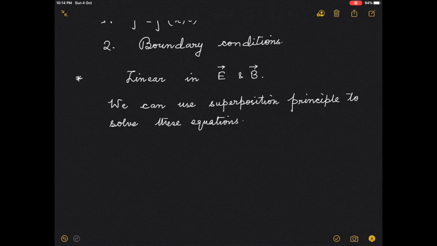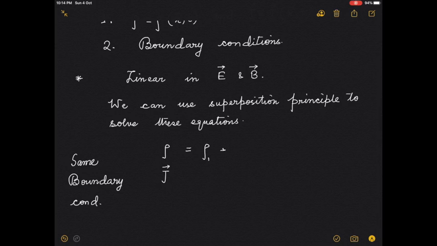What do I mean by that? Well, if I have the same boundary conditions, and I have rho and J given to me, and I write rho equals some rho 1 plus rho 2, and say J equals some J1 plus J2.